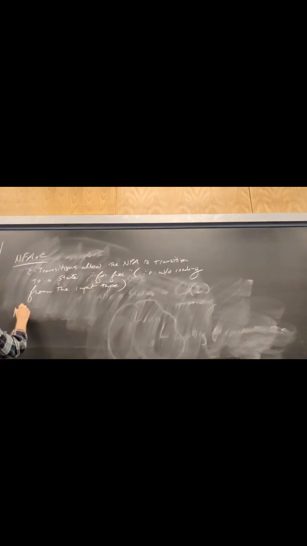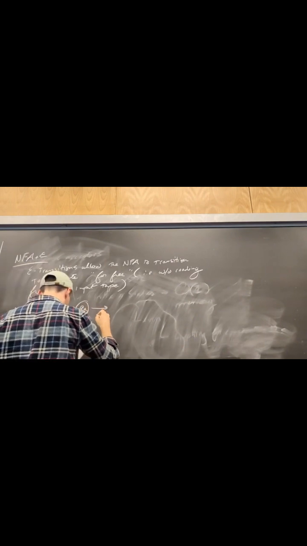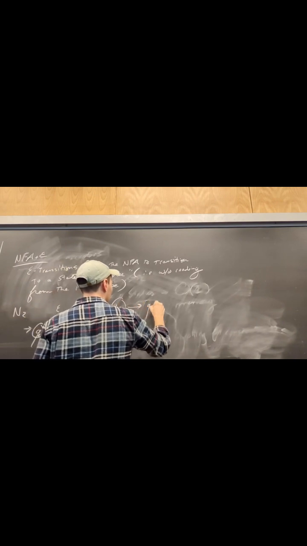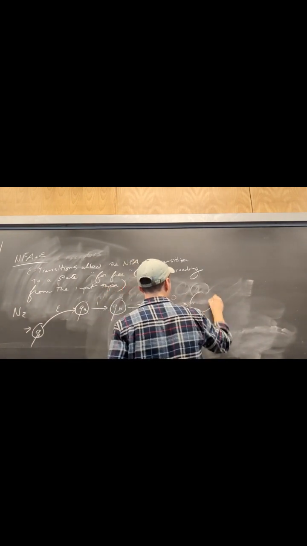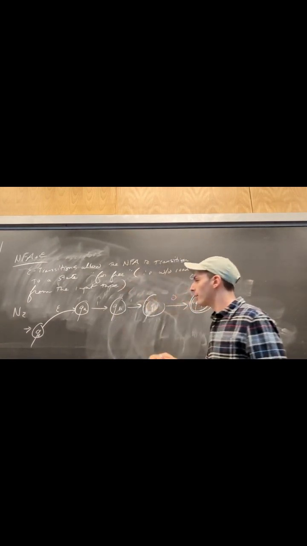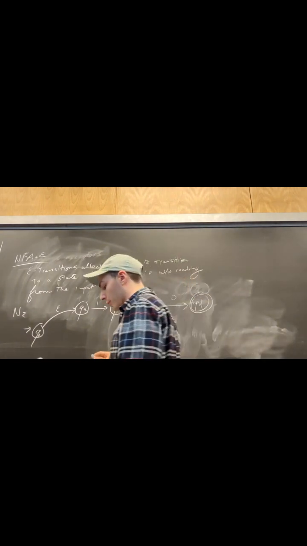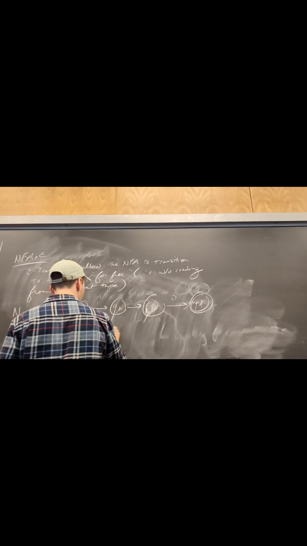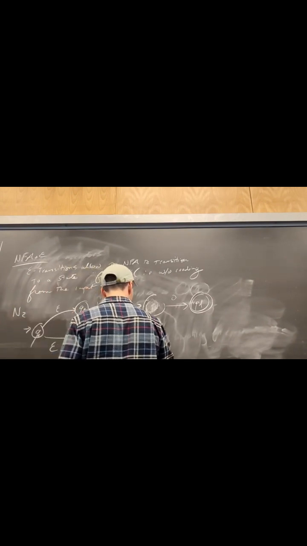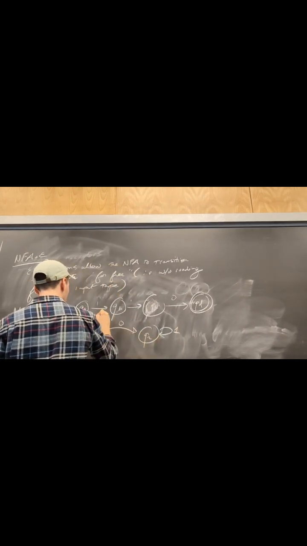So this is a bit of a convoluted example, but I have my initial state Q0, and I have an epsilon transition to a sub part of my NFA, which I'll say is QA, QB, QC, where the transitions here are 1, 1, oh, I need an extra 0.